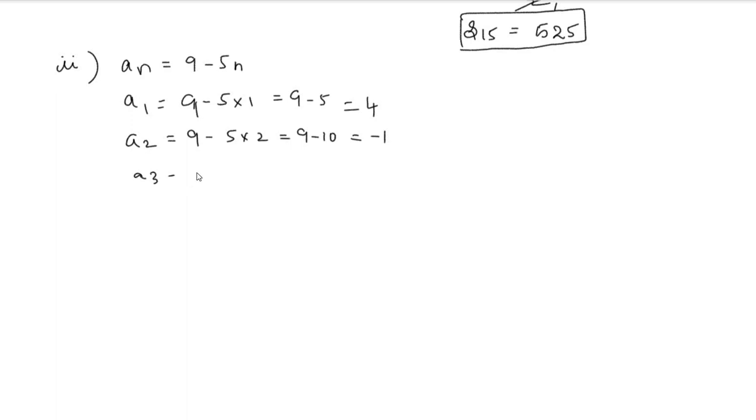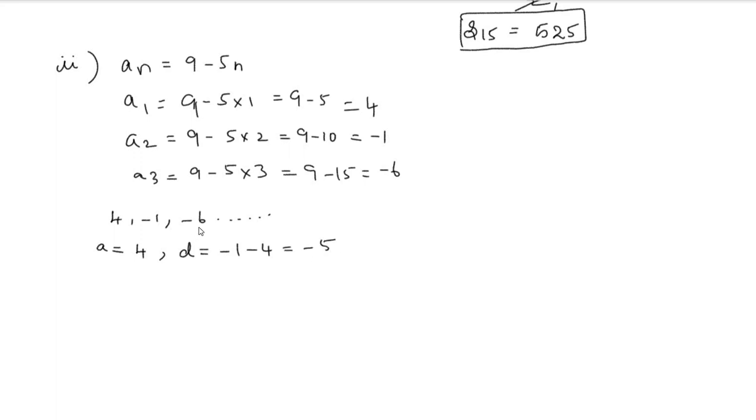Then next, a3 is equal to 9 minus 5 into 3, that is 9 minus 15 is equal to minus 6. So it forms an AP 4, minus 1, minus 6, etc. What is the first term? a is equal to 4 and d is equal to minus 1 minus 4, that is minus 5, or else minus 6 plus 1 we will get minus 5 only.